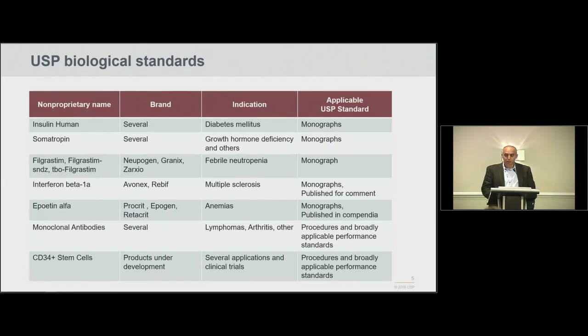The other evolution that I'd like to highlight is how we evolved as an organization for setting standards for a different variety of biotherapeutics. You can look from the top to the bottom, from what we think today is a simple molecule, insulin, all the way to the bottom, to a therapeutic preparation based on stem cells with the CD34 marker.